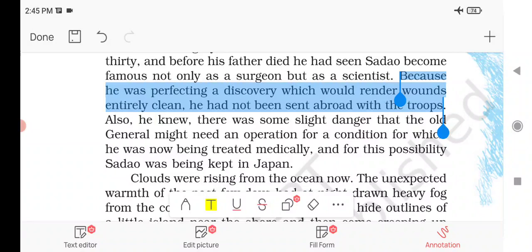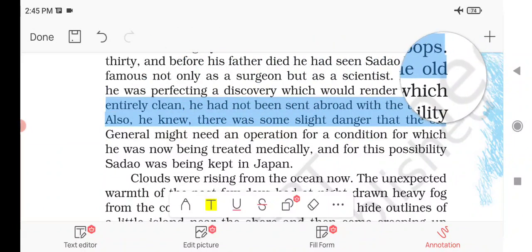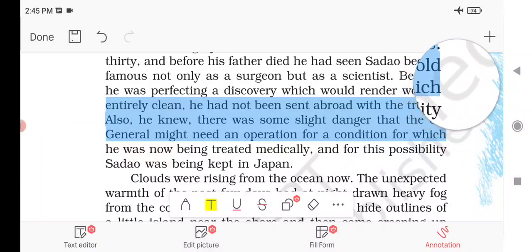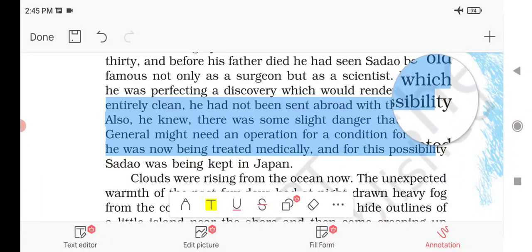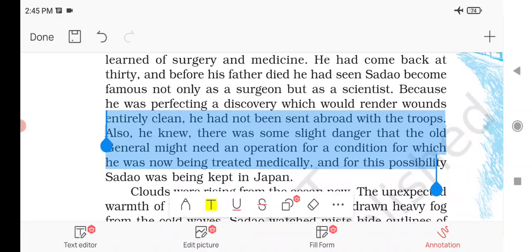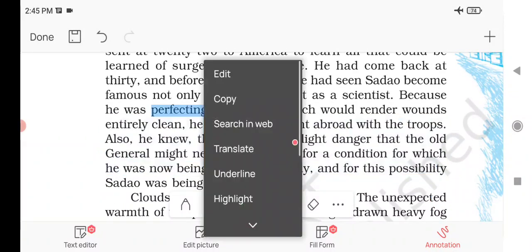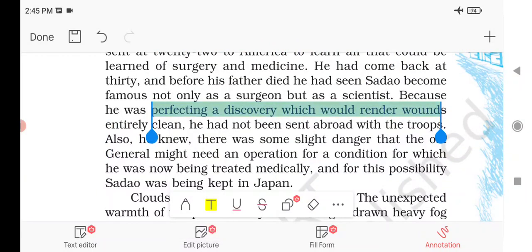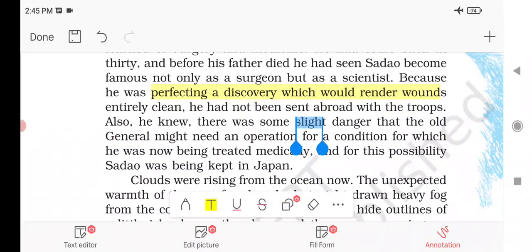And also he knew there was some slight danger that the old general might need an operation for a condition for which he was now being treated medically, and for this possibility, Dr. Sadao was being kept in Japan. So there are actually two reasons, children. First, let me just highlight, he was perfecting a discovery which would render wounds entirely clean, right?